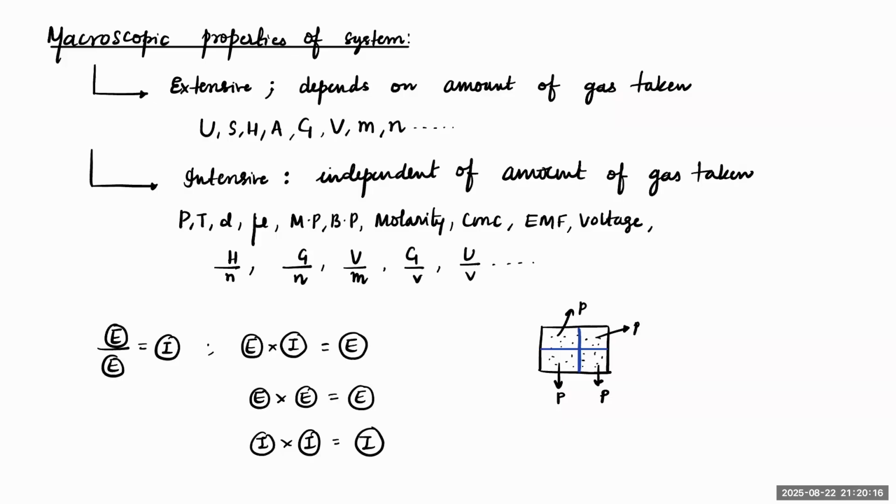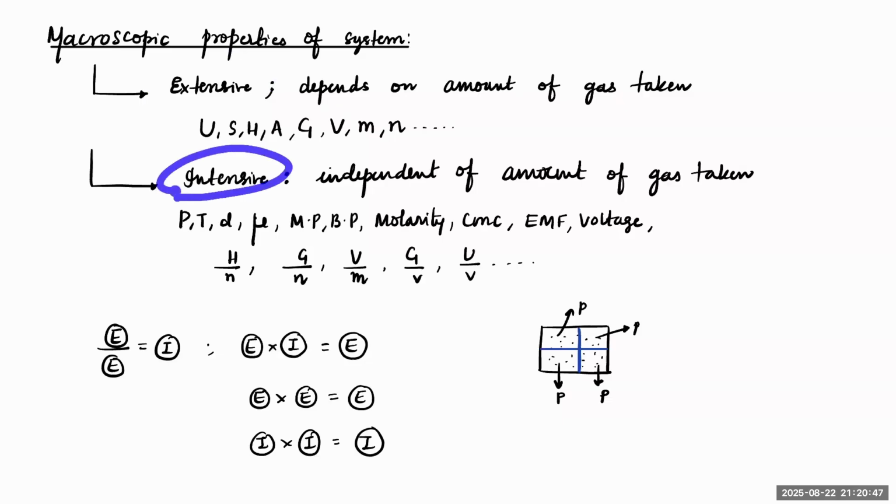But quantity is something which increases in its dimensions, like volume or mass. Then we say it is extensive. All these parameters, like U, S, H, A, G, then volume, mass, and number of moles, are state parameters which show extensive properties.